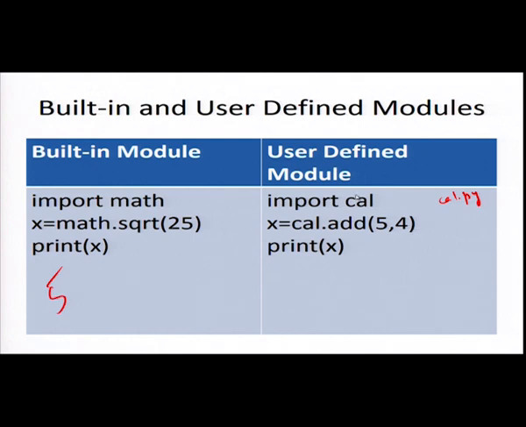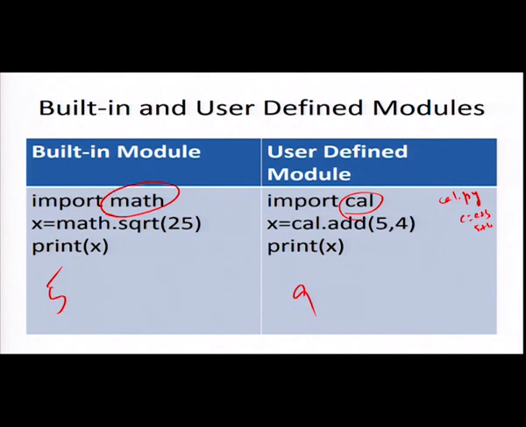If I had written the addition program as something like c equal to a plus b, wherein a is 5 and b is 4, 5 plus 4 will become 9. So when I print x, it will return the value 9. So this is how a user defined module is written. A built-in module is imported like this, and a user defined module is imported like this.